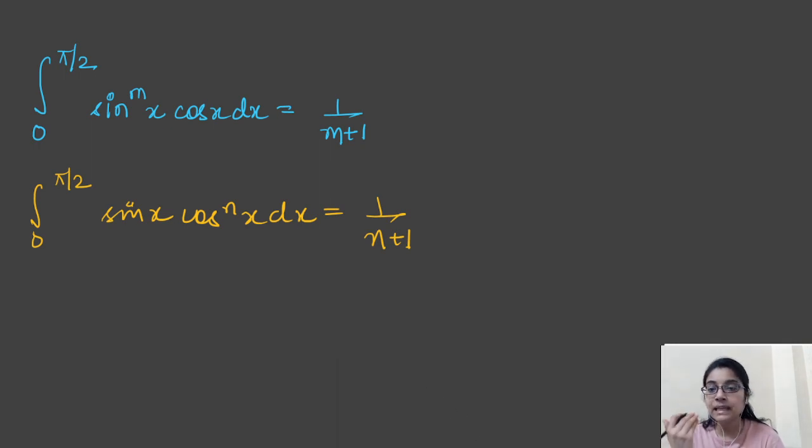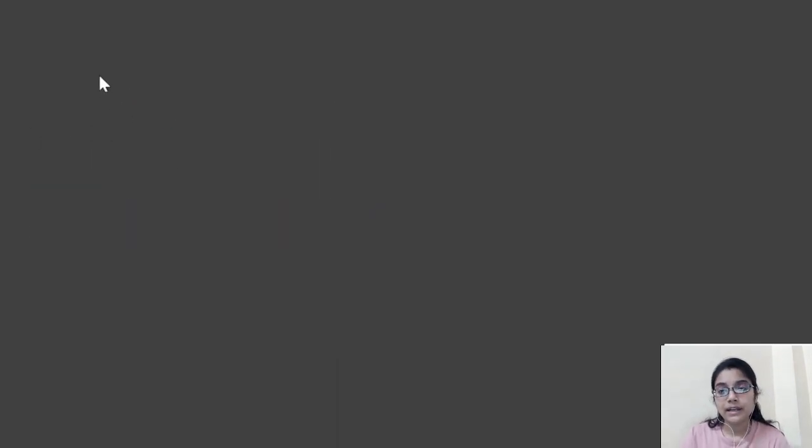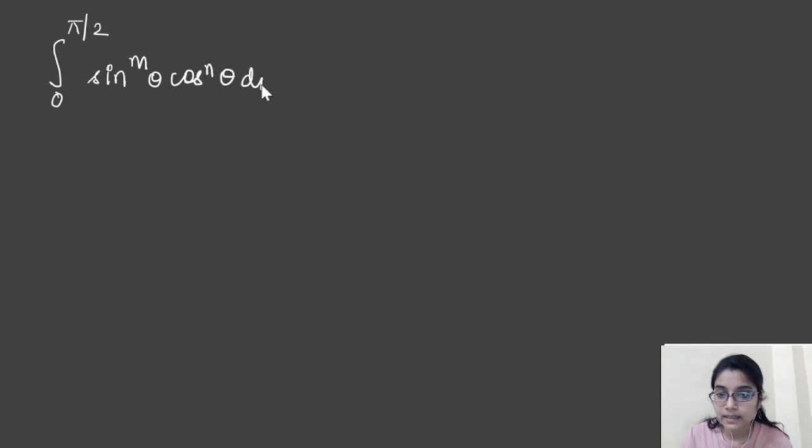Okay, now coming to the point, ma'am, from where these are coming. These are coming from a concept that you might have studied in your graduation. I hope all of you might know the formula, that is Wallis formula. Wallis formula is given for a definite integral where the limit is from 0 to pi by 2 and sine raised to the power m theta cos raised to the power n theta d theta.